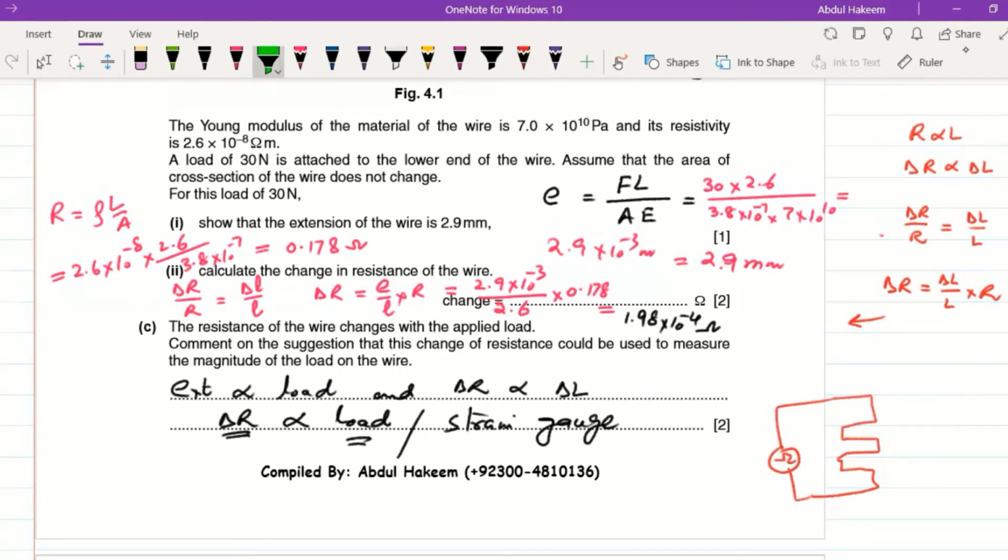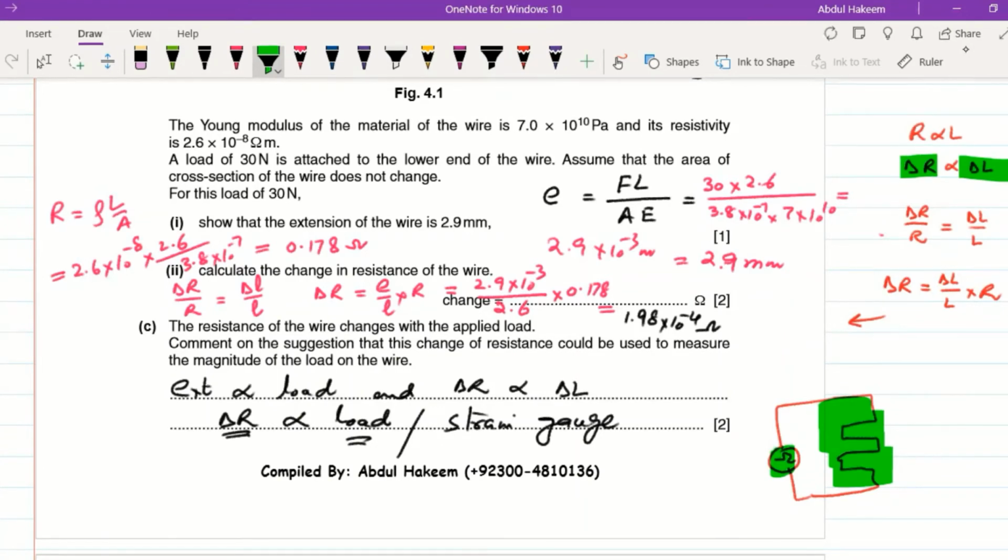When this wire is loaded, the wire is under stress, and the change in length will cause a change in resistance. So there will be deflection on the meter. If this ohm meter is calibrated in newtons, it will measure load. If it is calibrated in kilograms, it will measure the mass.